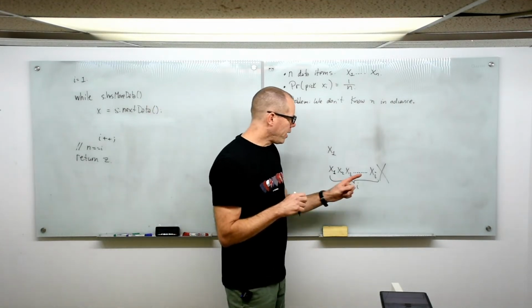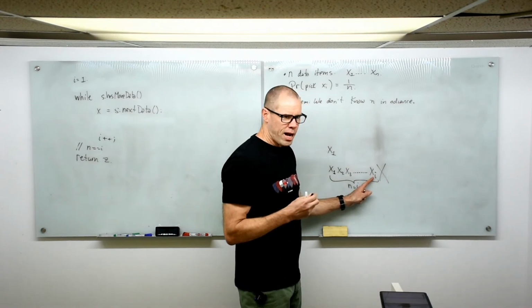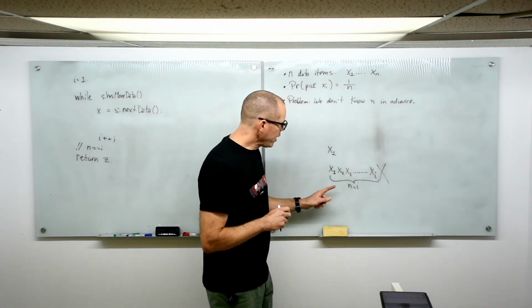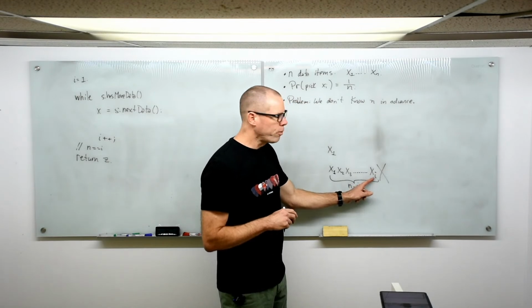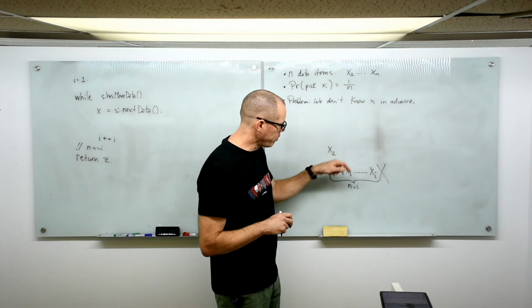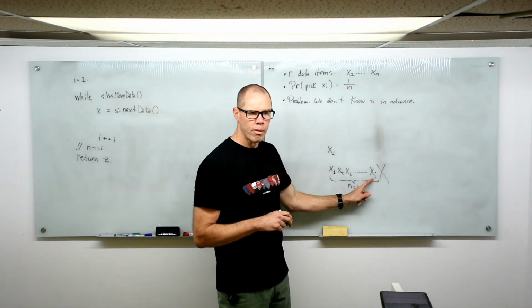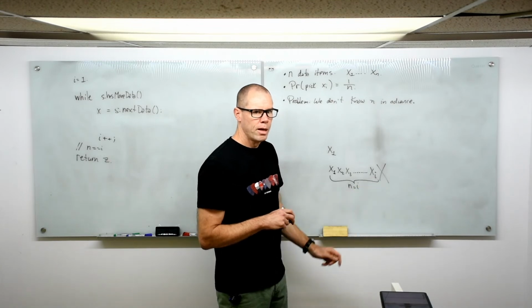So that actually tells me that if that happens, this last item should be returned with probability 1 over i. Everything should be returned with probability 1 over n, so if n equals i, this should be returned with probability 1 over i.